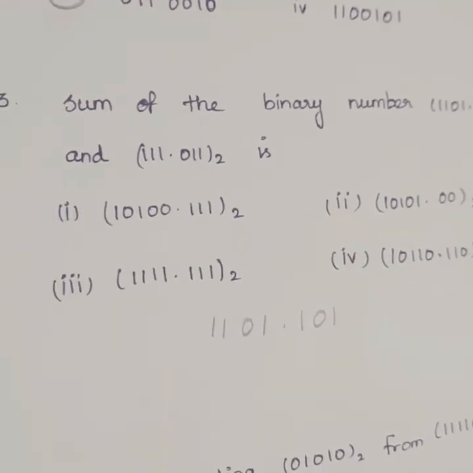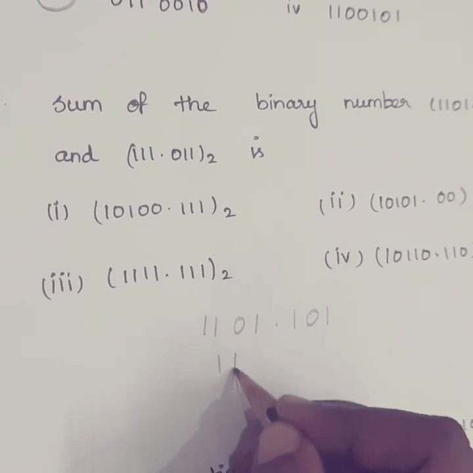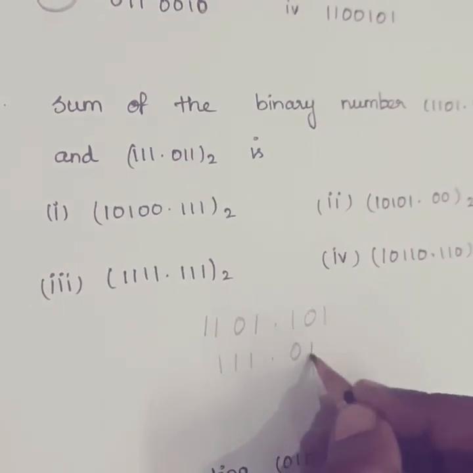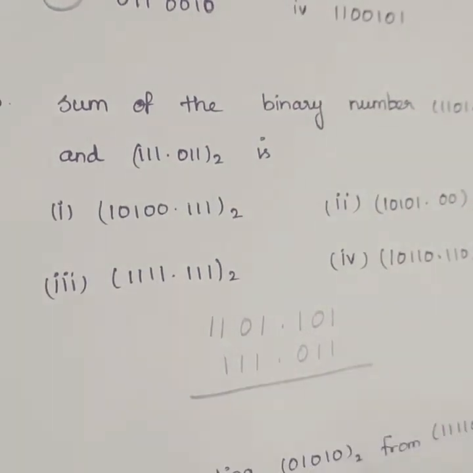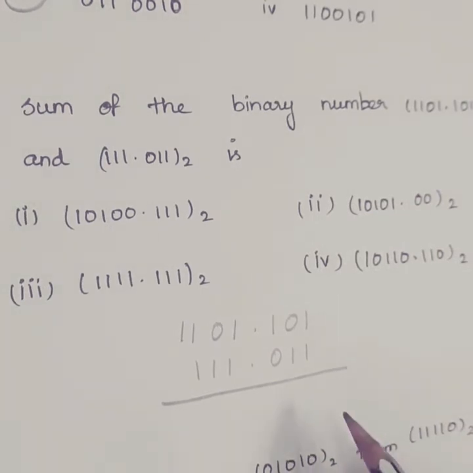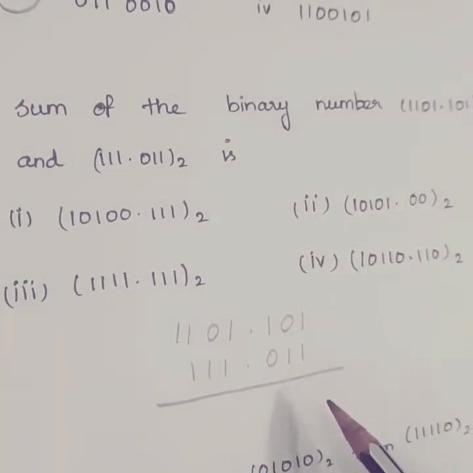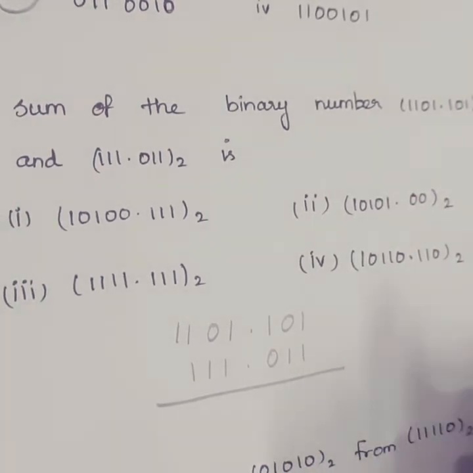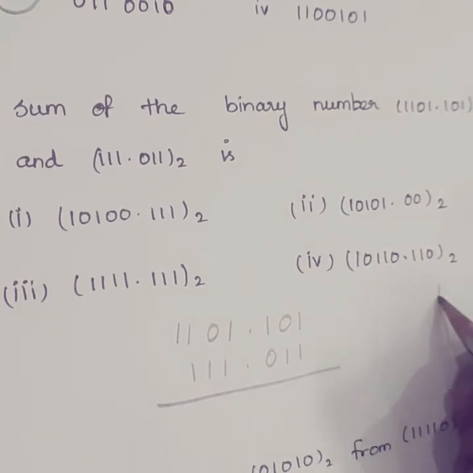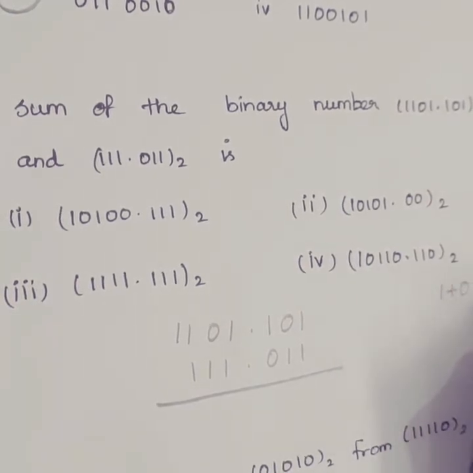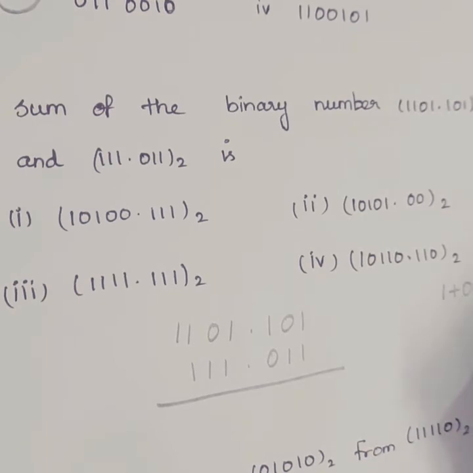The next number is 111.011. Before adding, let us remember the addition rules. 1 plus 0 is equal to 1, that is sum 1 and carry 0.